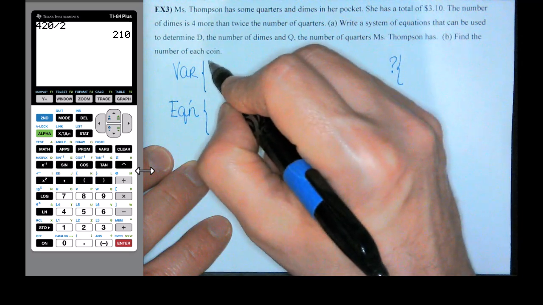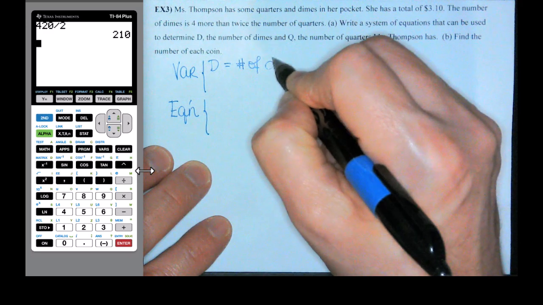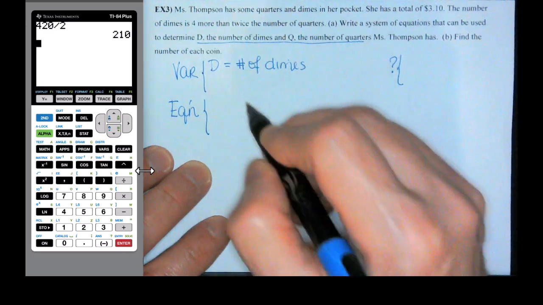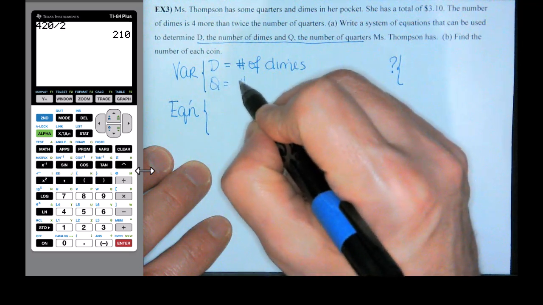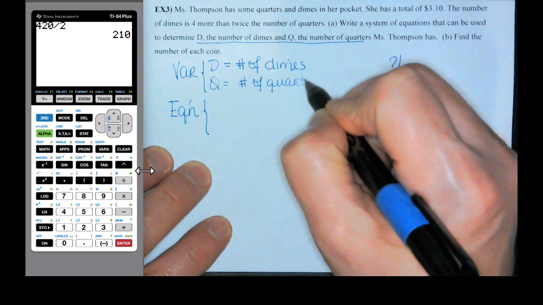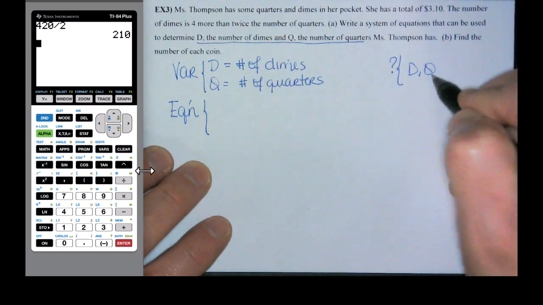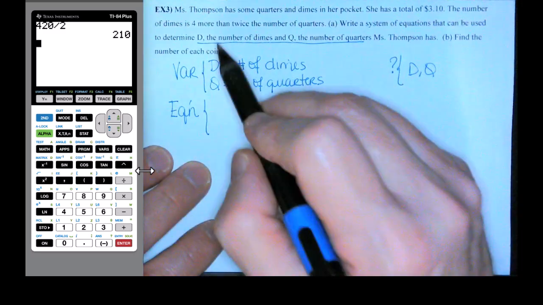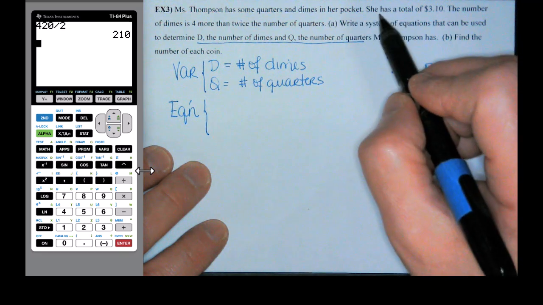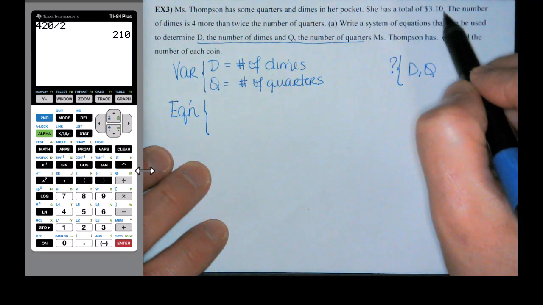So here we have D, which is the number of dimes. And we have Q, the number of quarters. So this would be D and Q. Now, Miss Thompson has some quarters and dimes in her pocket. She has a total of $3.10.